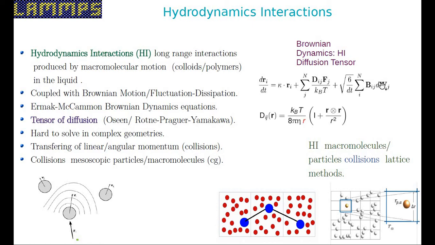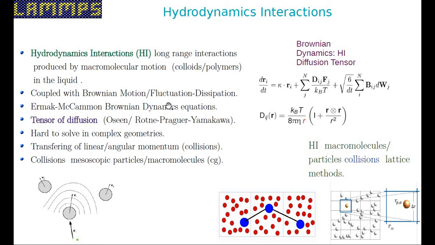Here we have the stochastic force, where the tensor D and the random force are related through the fluctuation dissipation theorem. For modeling the diffusion tensor, it is possible to use the Oseen tensor, which goes as 1 over r, therefore it is a long-range interaction.